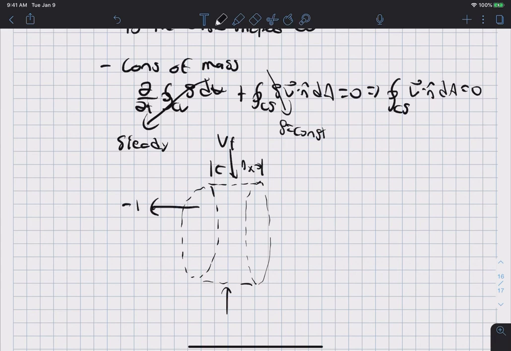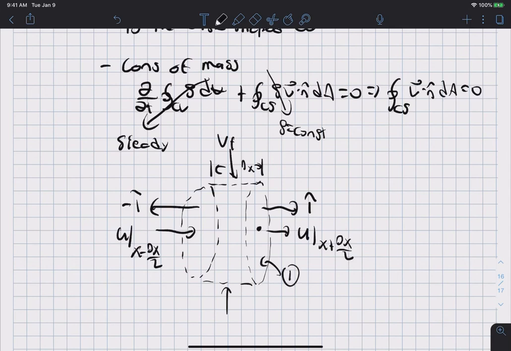We have minus i hat, plus i hat here, and at the center we have the mean velocity, and I'll call that u at x plus delta x over 2, and u at x minus delta x over 2. Okay, and I'm going to call this surface 1. This is surface 2, and the outer circumference is surface 3.